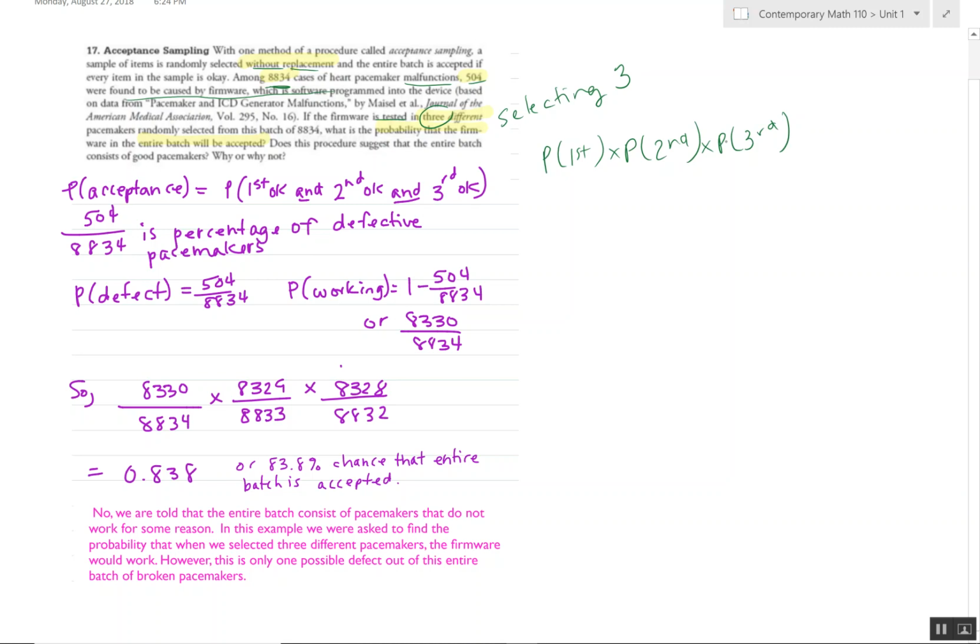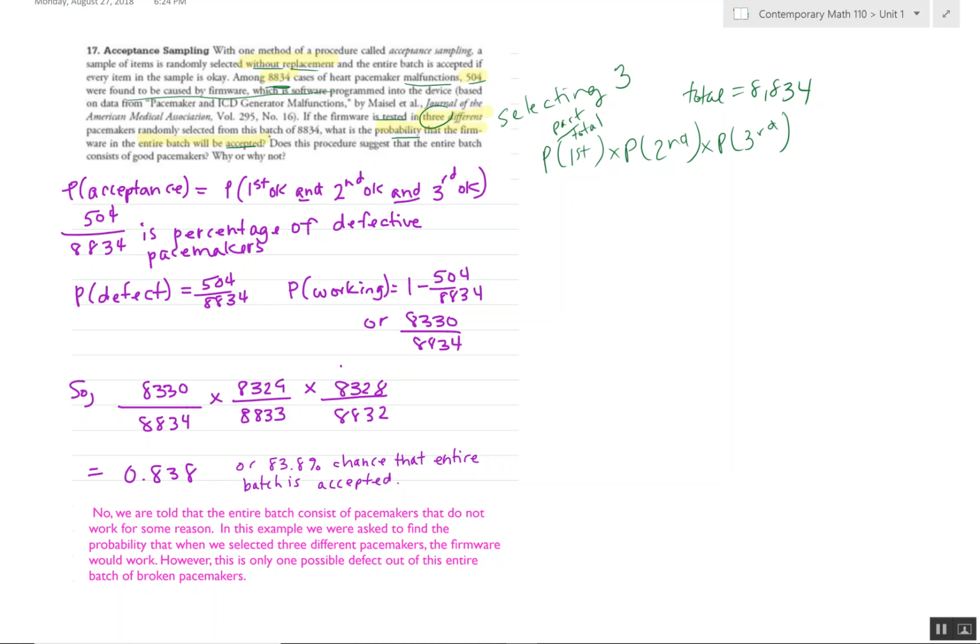So to set up the probabilities, I have to always look at the part out of the total. We know that the total pacemakers is 8,834. So then I need to look at what I'm selecting. When we're trying to find the probability that the firmware will be accepted, if it's accepted, then the entire batch works.